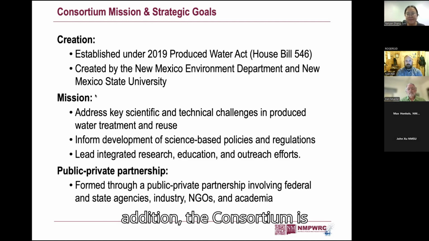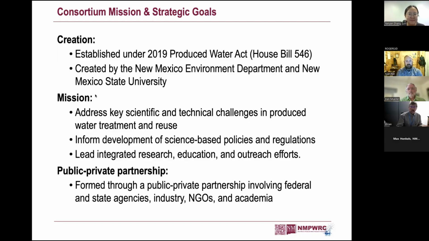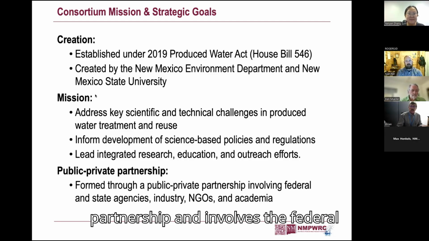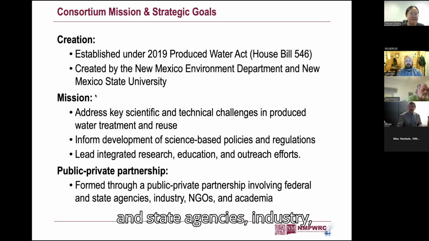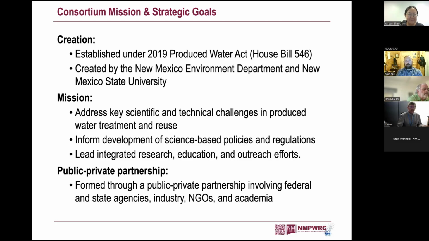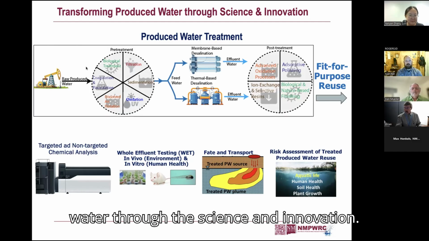And in addition, the consortium is leading an integrated research, education, and outreach effort. The consortium has formed an extensive public and private partnership and involves the federal and state agencies, industry, NGOs, environmental groups, and academia. So for the consortium, our goal is to transform produced water into a reusable water through science and innovation.